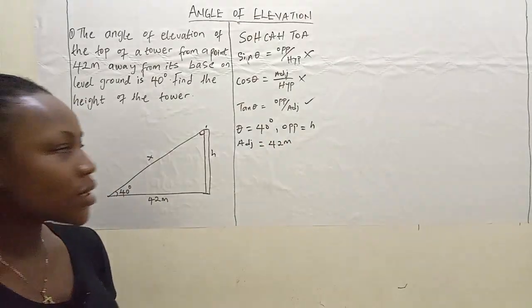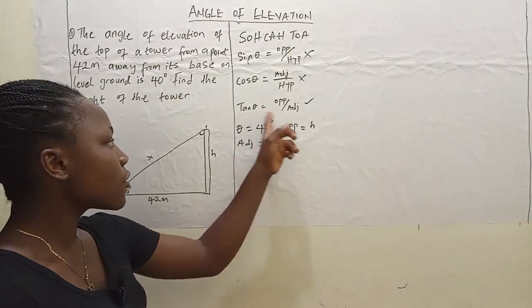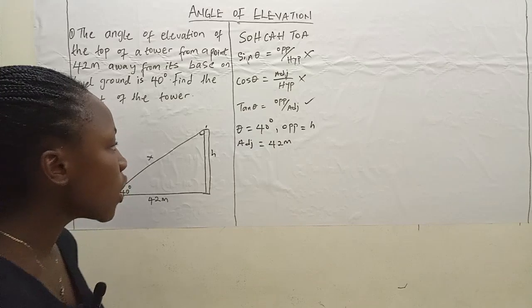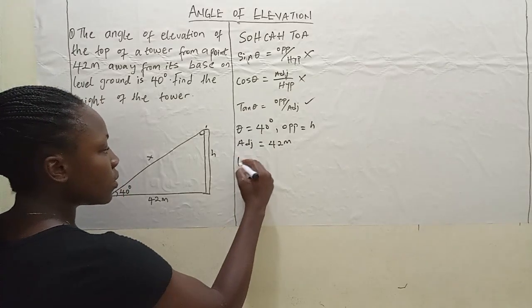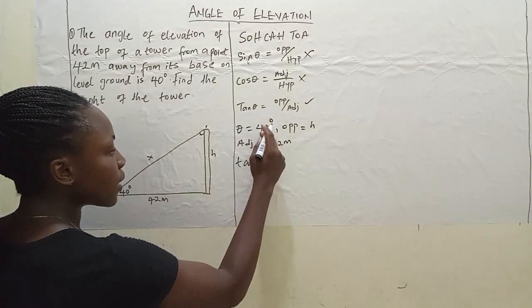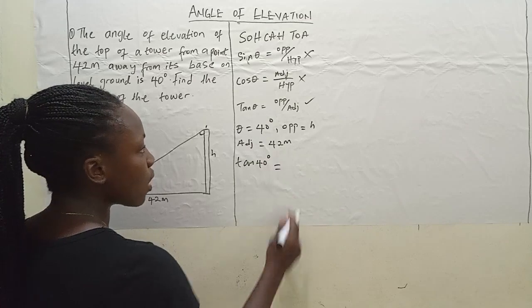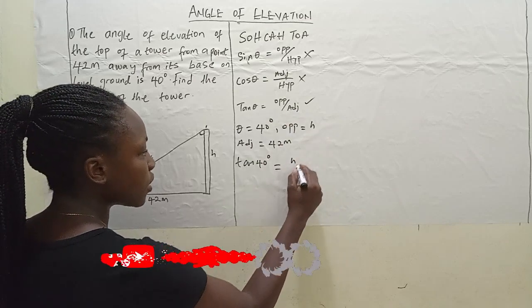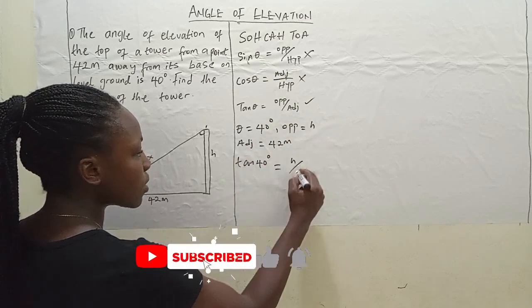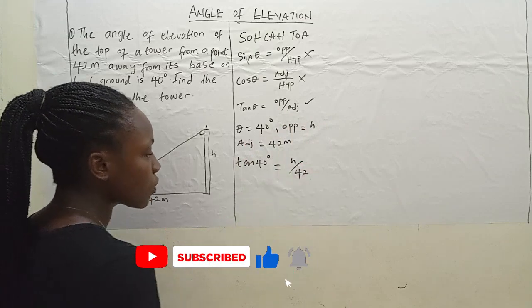So we are substituting these values into this formula. So we are going to have tan 40 degrees equals our opposite h over our adjacent 42.